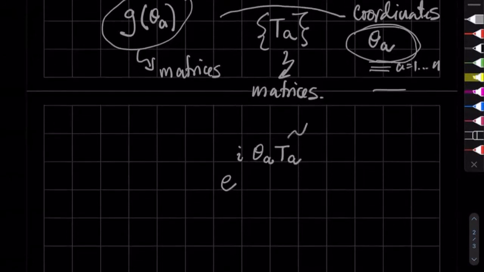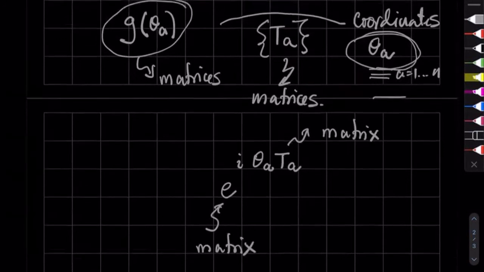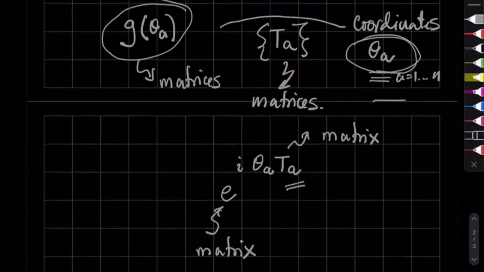So if T_A is a matrix, do you agree that this is also a matrix? Yes, sir. Okay. So in general, this matrix does not explicitly depend on these parameters, right?